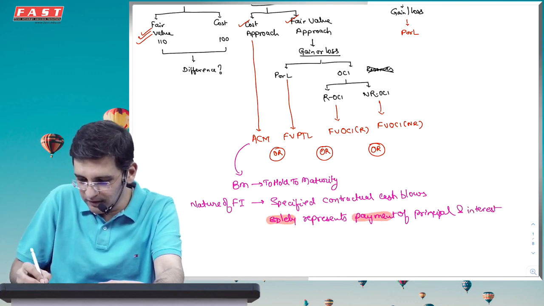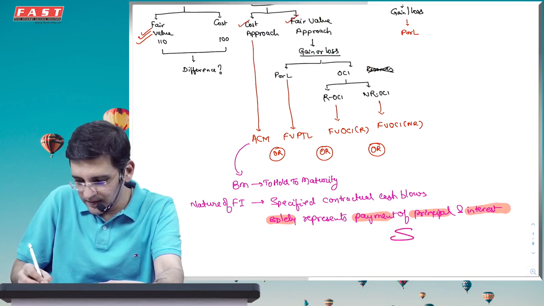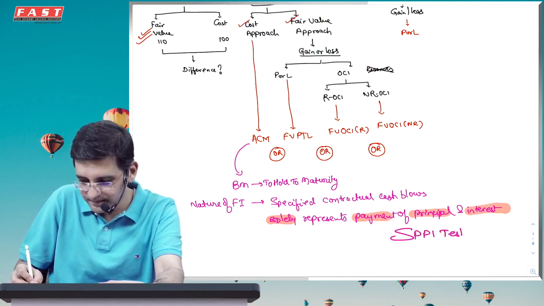Solely for payment of principal and interest, which is basically also termed as the SPPI test.